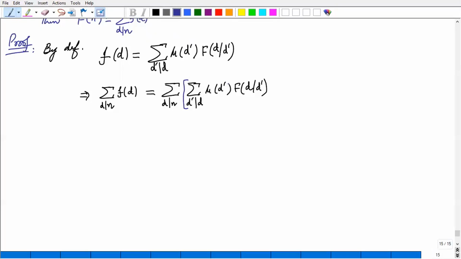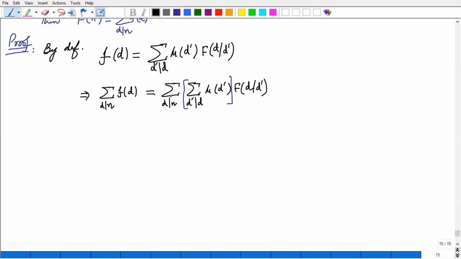Yeah, that runs for d prime. And here we have d over d prime.